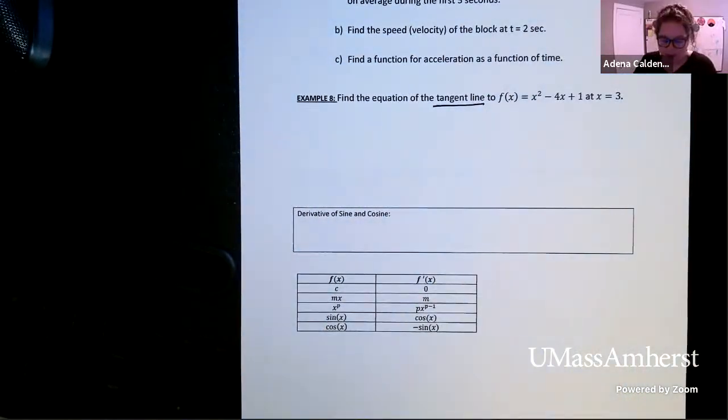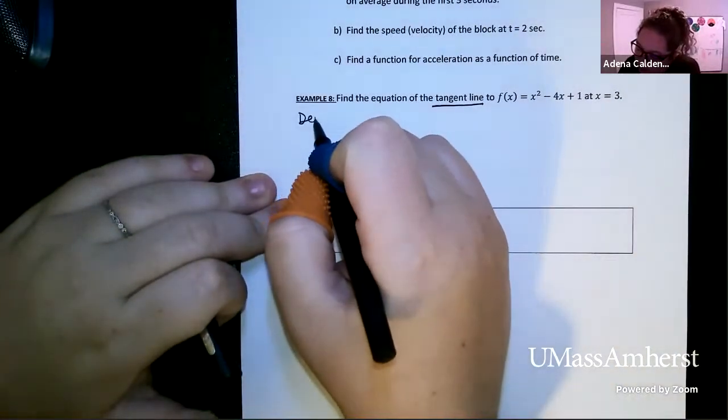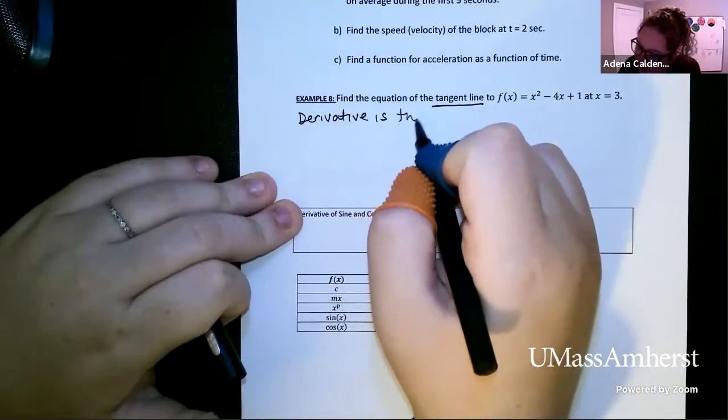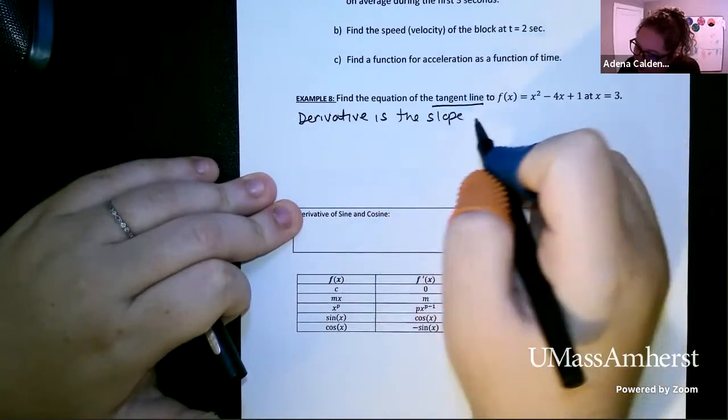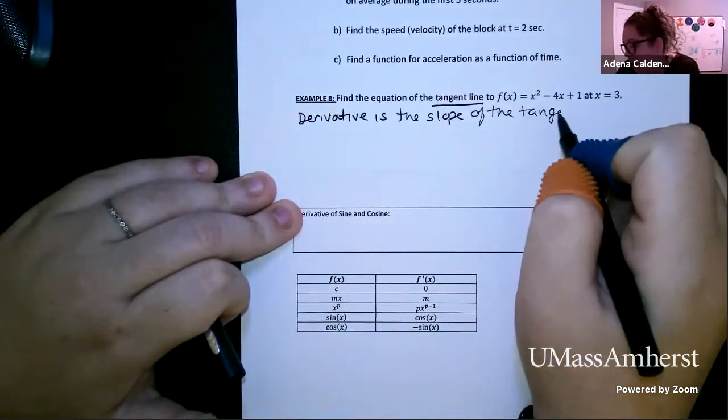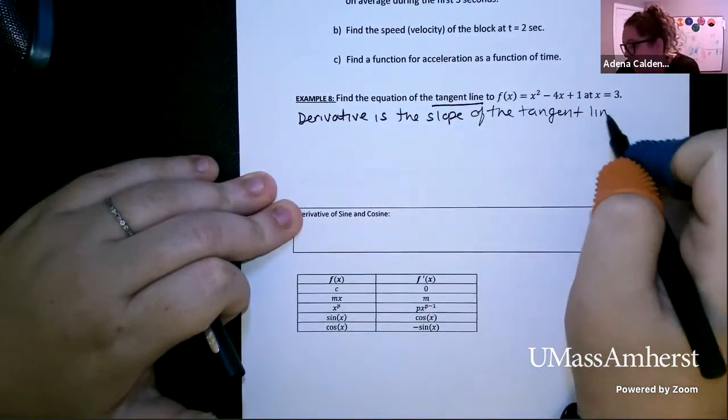the tangent line. How does the tangent line play into what we've been learning? Well, we know that the derivative is the slope of the tangent line at a point. Okay.